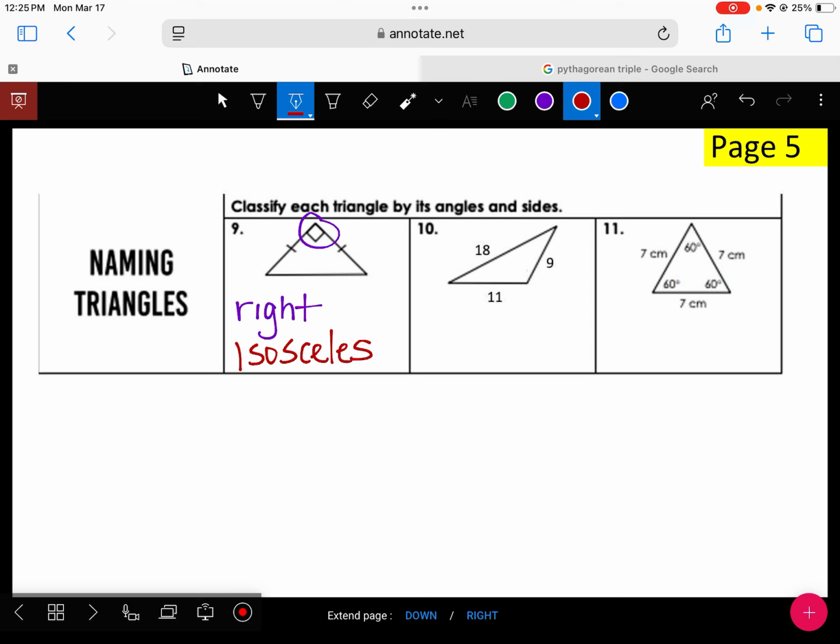So this will be a right isosceles triangle. For question 10, all of the side lengths are different, so we call that scalene. And it does appear that this angle is greater than 90, so it would be obtuse.